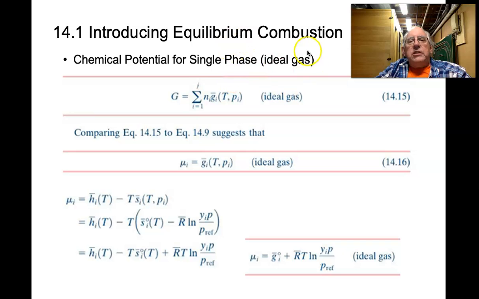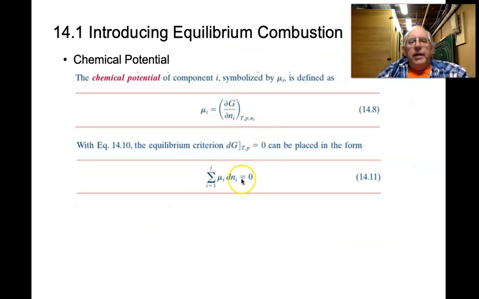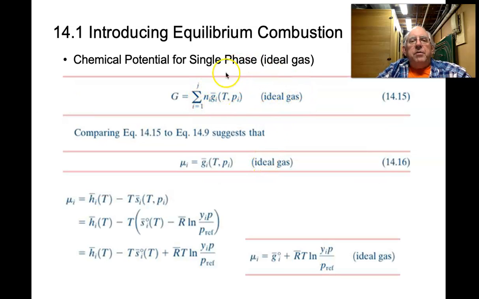When we have just a single phase ideal gas mixture, the equation can be simplified as just a summation of the Gibbs function for each of the components multiplied by its corresponding number of moles. And we can then relate the mole fractions to the partial pressures associated with the individual components making up the mixture itself.